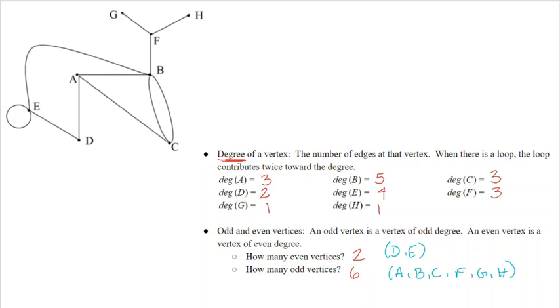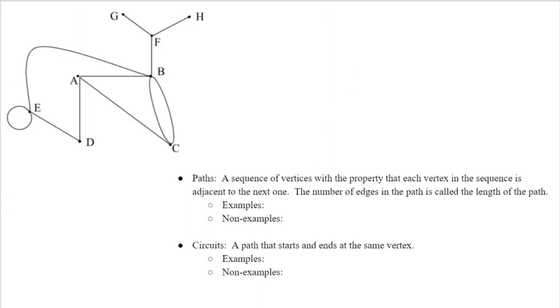All right, continuing with our vocabulary. Same diagram. Now we're going to look at paths and circuits. A path is a sequence of vertices with the property that each vertex in the sequence is adjacent to the next one. The number of edges in the path is called the length of the path.